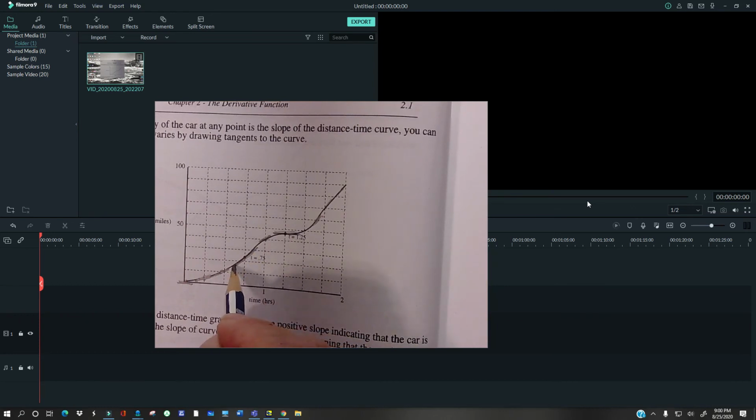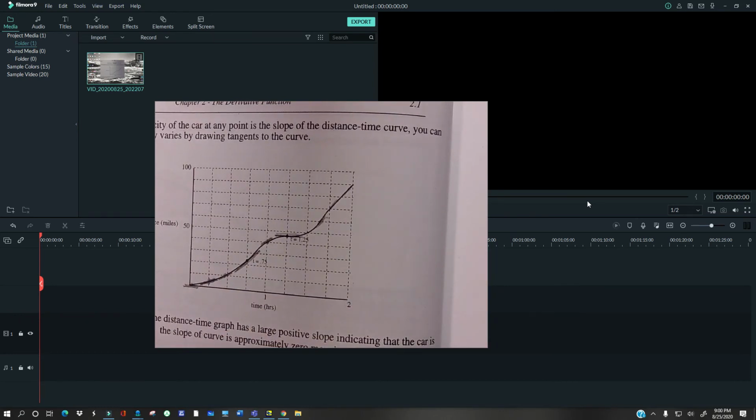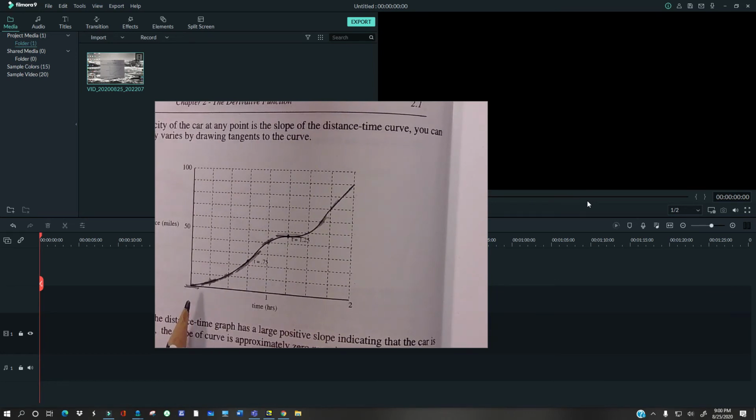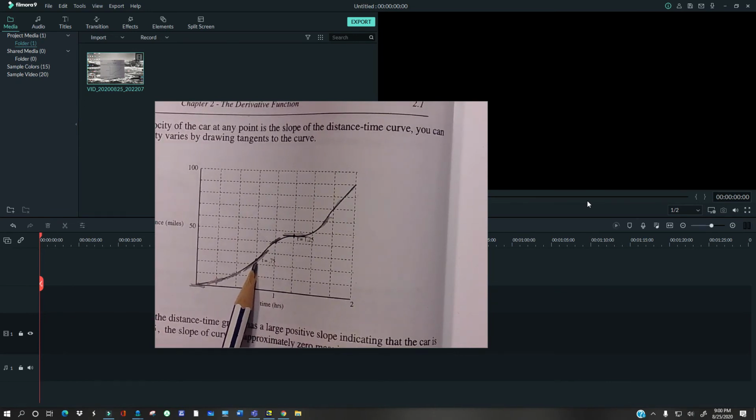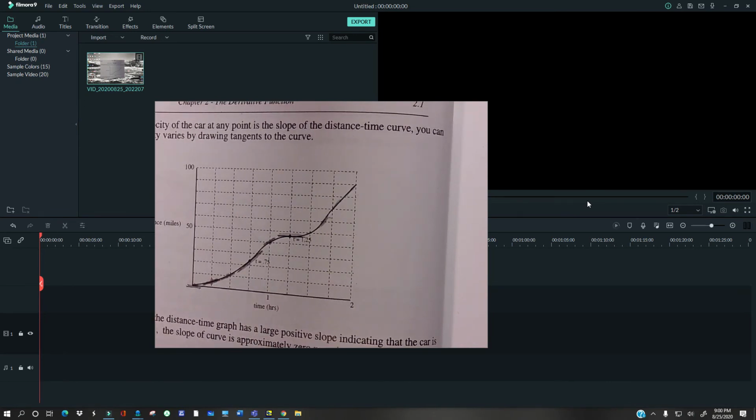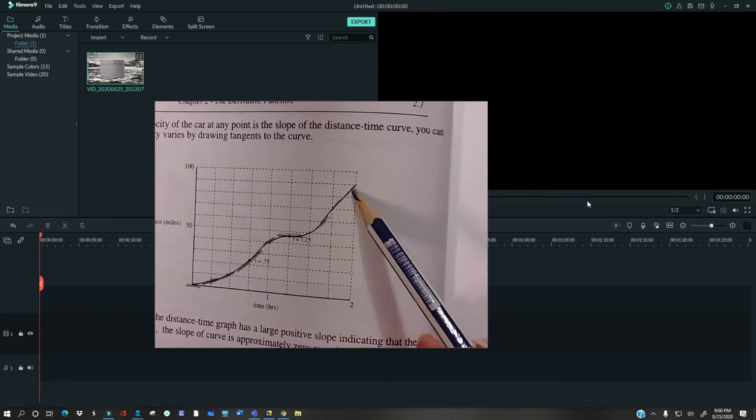So this is going to be my greatest speed or velocity, because the slope of the tangent line at 1.75, 1 3/4, is the steepest. Now maybe up here it's even steeper.